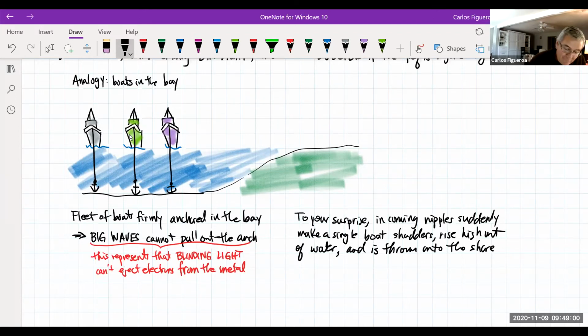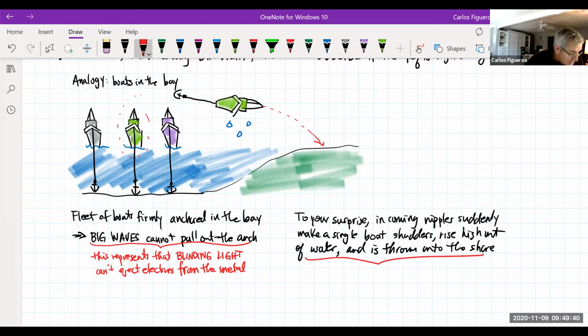In other words, if I focus on this guy right here, all of a sudden, here goes the boat. Little ripples are doing what? They focus on one boat, and that boat, with its dripping water as it's being thrown, is suddenly thrown onto the shore here.